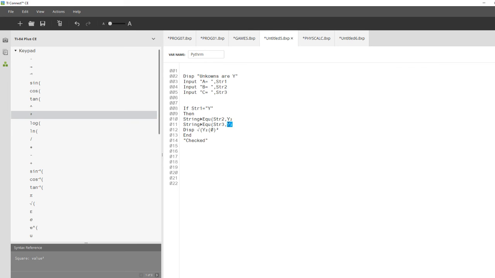So this needs to be y3, and then we're going to need to subtract y2. Oof, that's not what I want to do. There we go. y2 of 0, because we need to give it a place to evaluate at. And then we need to square that and put another parentheses around it. And so this should work.